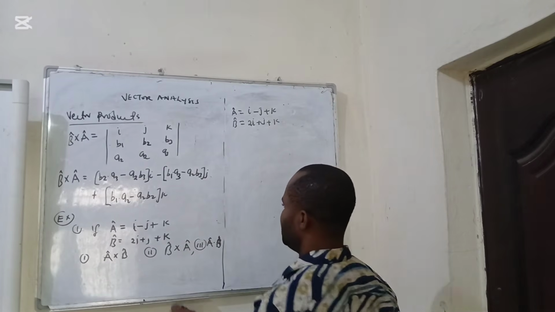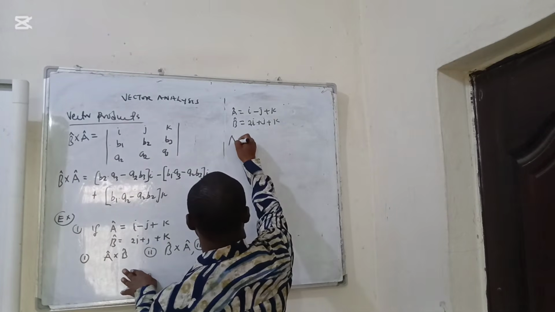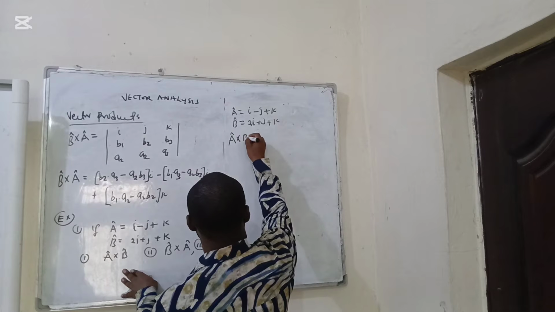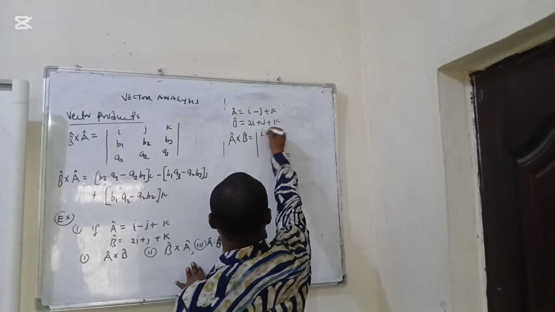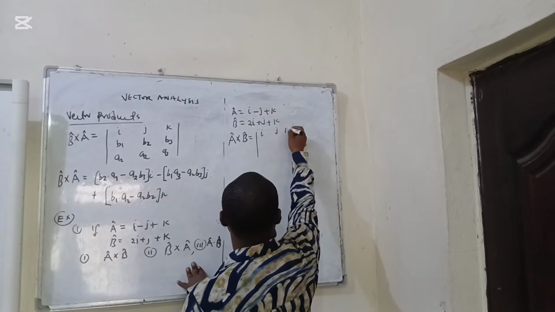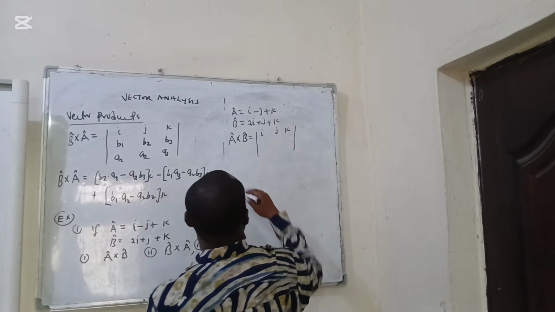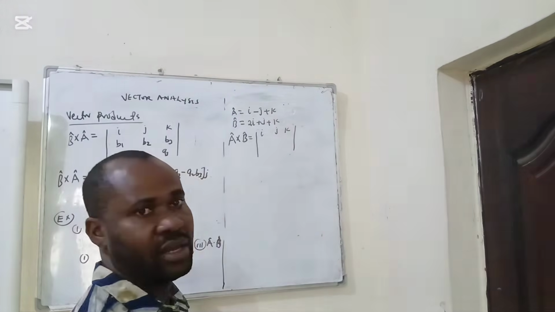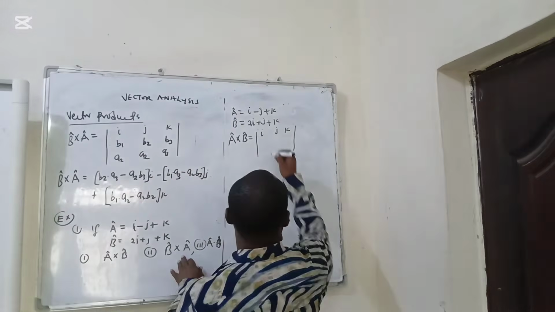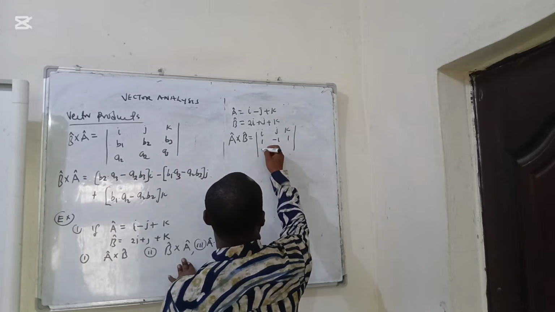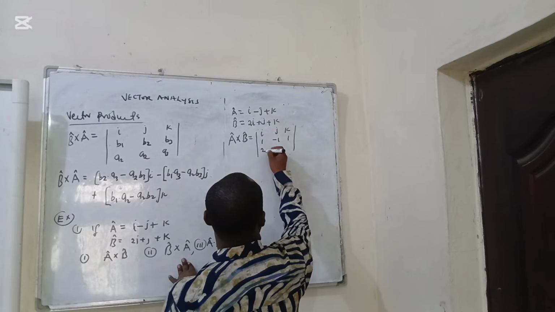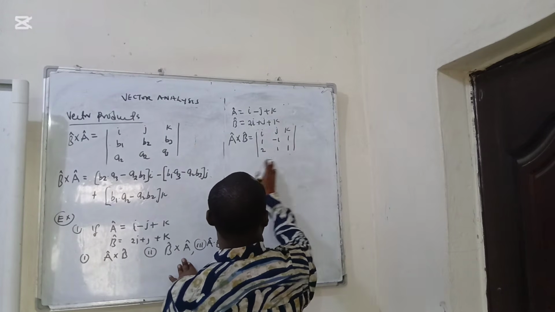Please correct that. So the first one is cross multiplication between A and B. Taking up the A element first, this will give us 1, minus 1, and 1. So for B, 2, 1, 1.